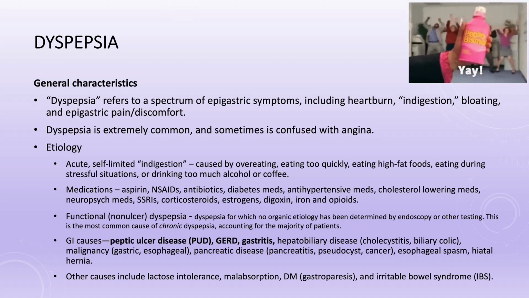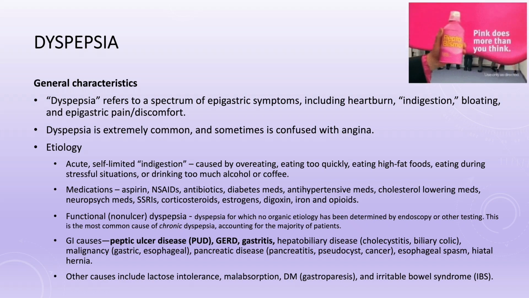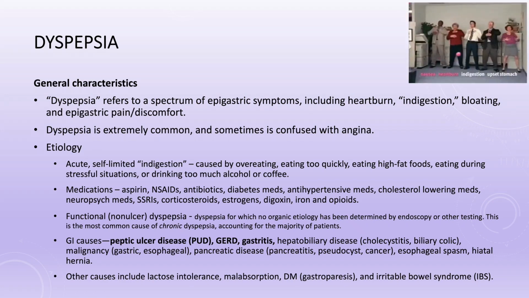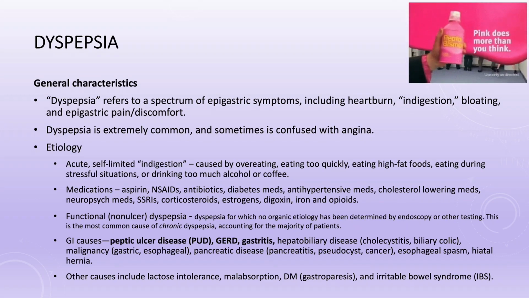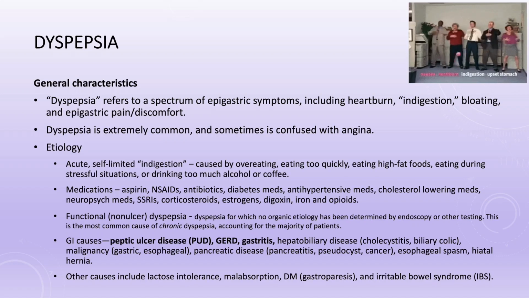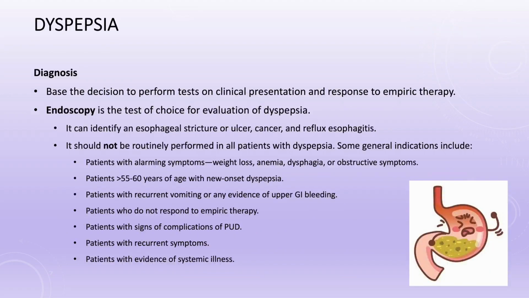Other things that can cause dyspepsia are lactose intolerance, malabsorption, gastroparesis, and IBS. So it is expanding the spectrum of causes. It's not just GI causes for dyspepsia. How do we make the diagnosis? Well, you have to think about what is causing it and base your tests on clinical presentation and how it responds to empiric therapy.